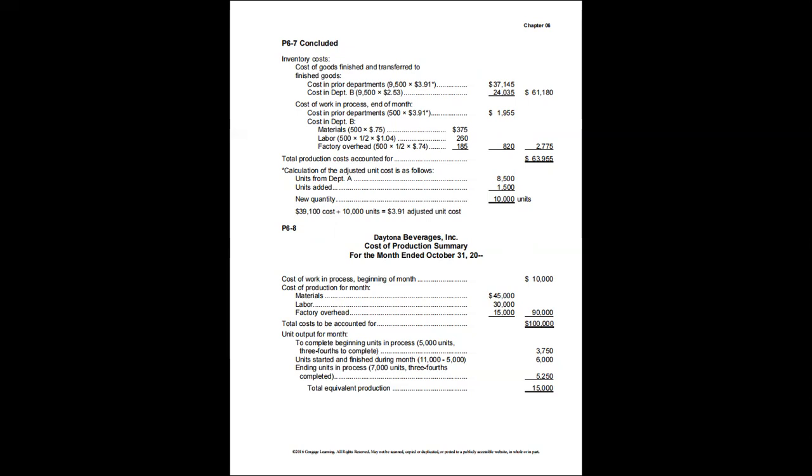Units from Department A, 8,500, and then the units added of 1,500. We have now the new quantity of 10,000 units. So the 39,100 cost is now apportioned among 10,000 units, getting a new unit cost of 3.91.